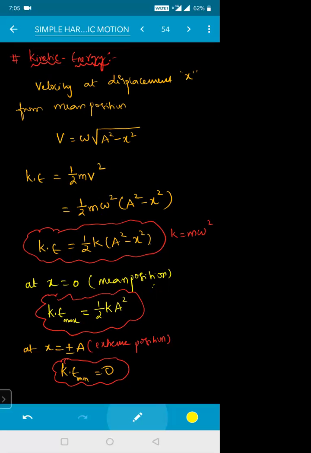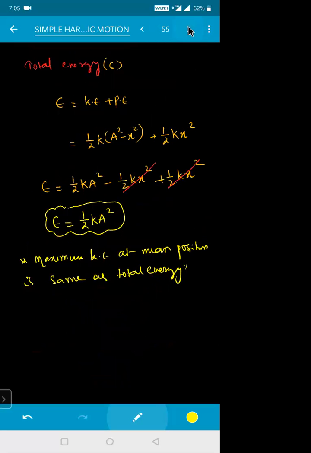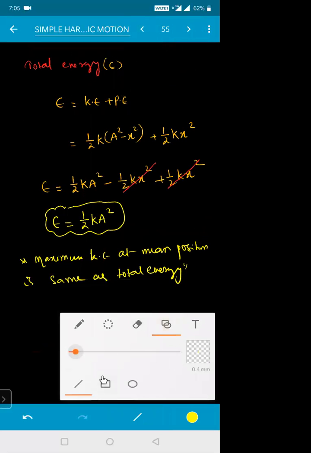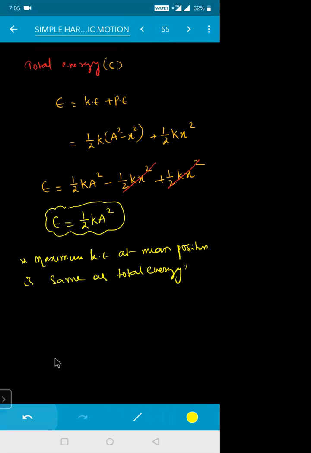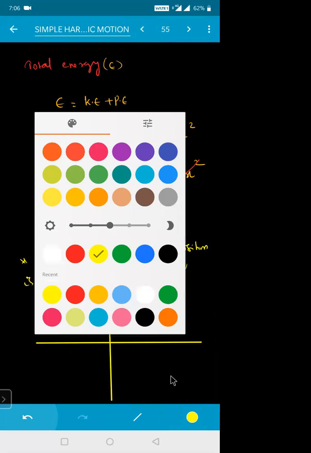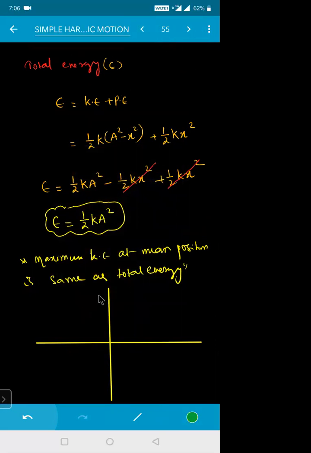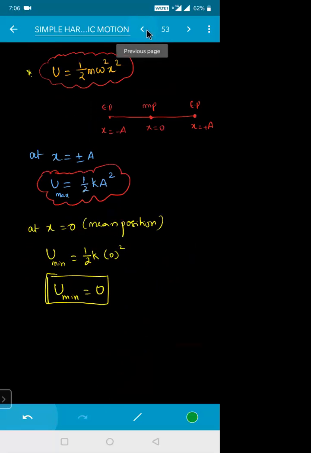If I take the graph of this one, it will take care of itself. Potential energy, what is the formula? Potential energy is equal to half into K into x square. It means U is directly proportional to x square.